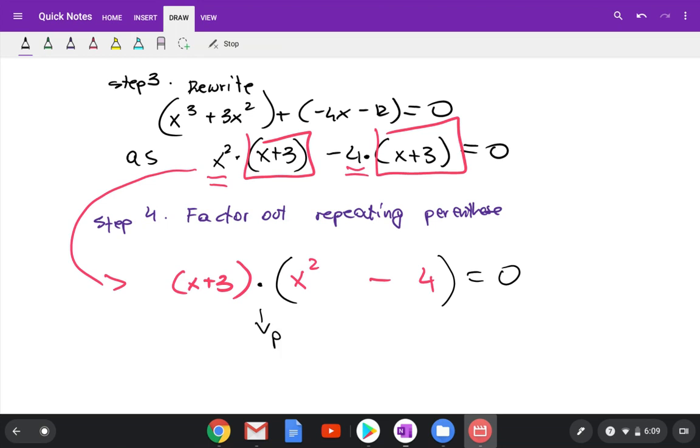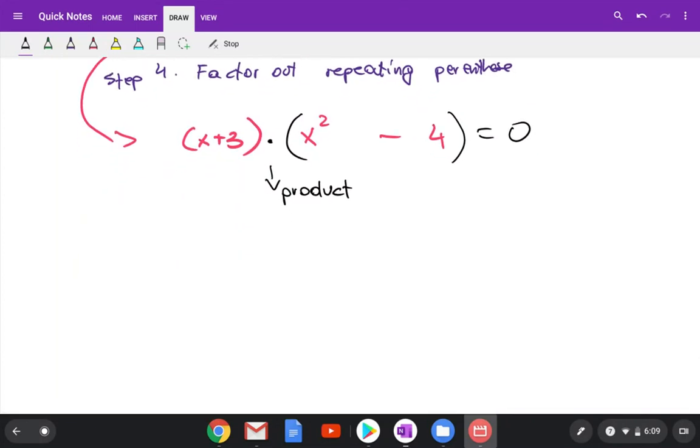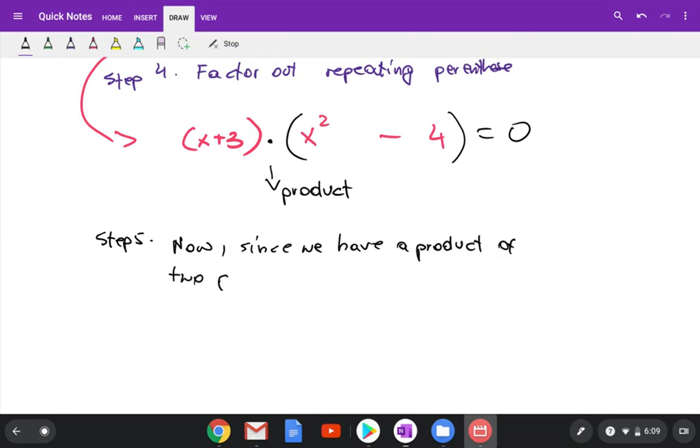Now finally we have a product. Okay. When you have a product and 0 on the right side, you're ready to use the zero product rule. So step 5. Now since we have factors, use the zero product rule to solve the equation.